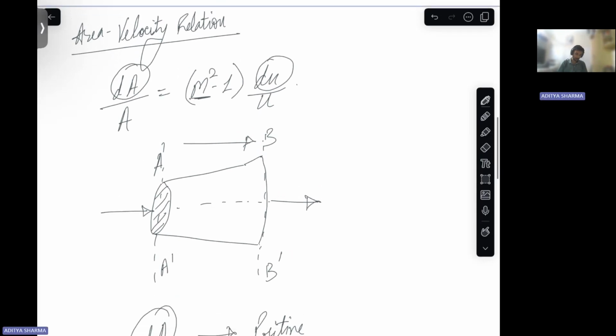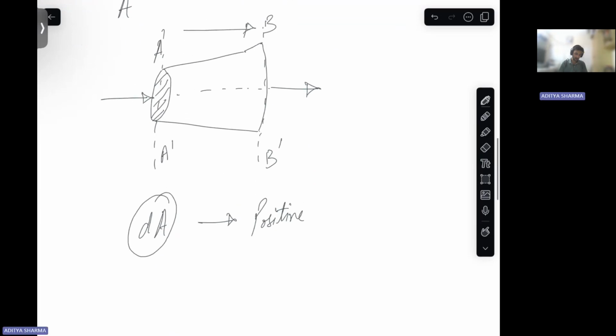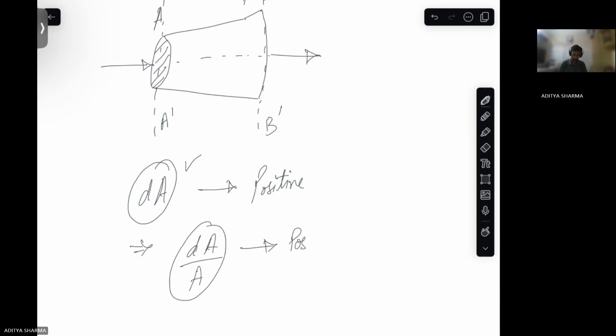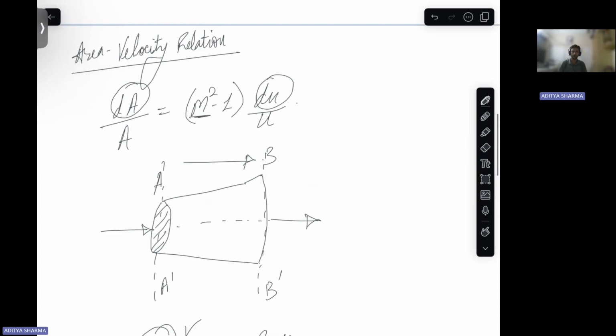So dA by A will be positive, which implies your left hand side is positive. Now, whatever the situation may be, the right hand side will adjust itself so that it comes out to be a positive value.